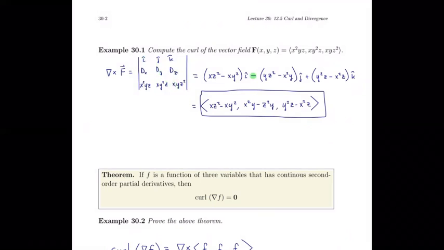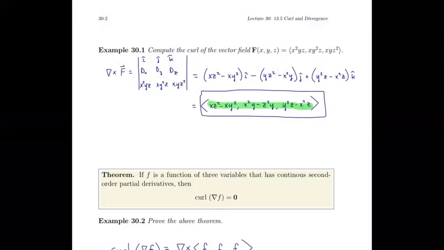Then minus the j position: we cross these out and take the determinant of partial with respect to x of this minus partial with respect to z of this, and that gives us these two terms. Similar for k, with the top row and last column crossed out, and that gives us that difference. When we're done, we find that the curl of this vector field is this.